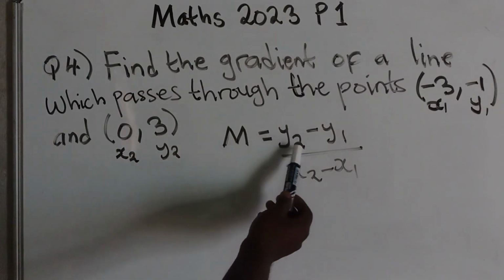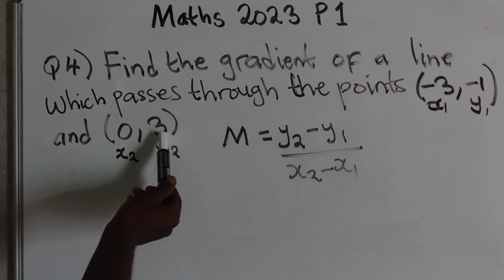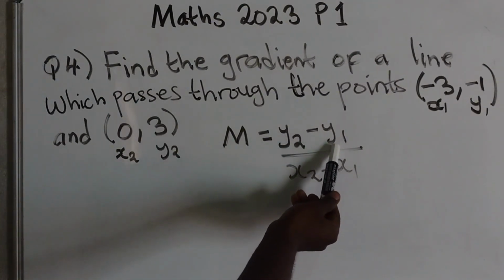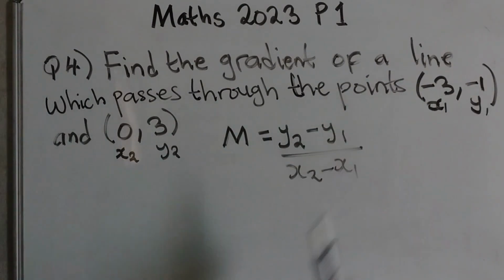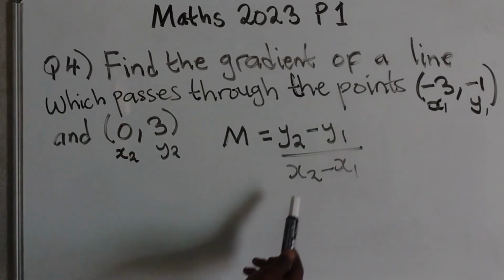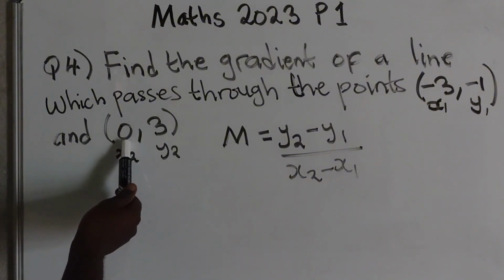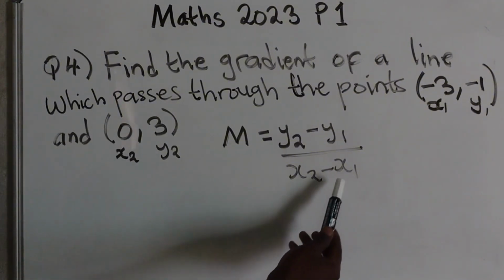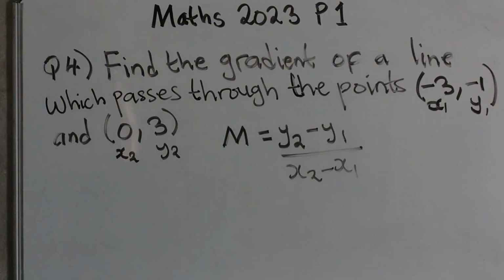Where you have y2, you put a 3 here. Where you have y1, you put a negative 1 there. Where you have x2, you get this 0, you put it there. Where you have x1, you get a negative 3. So let's do that.